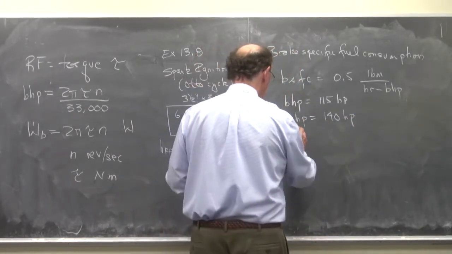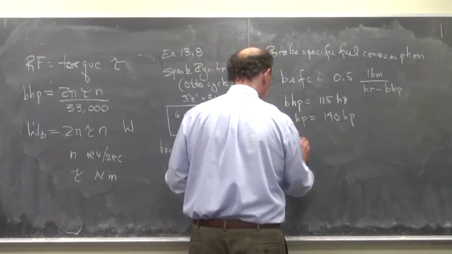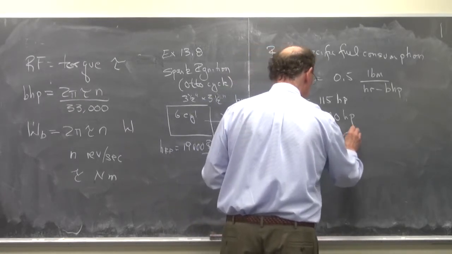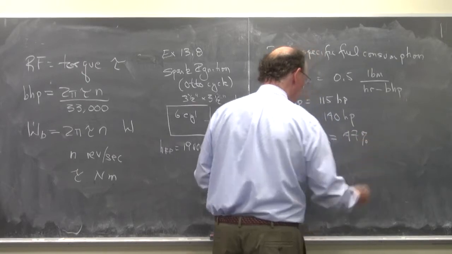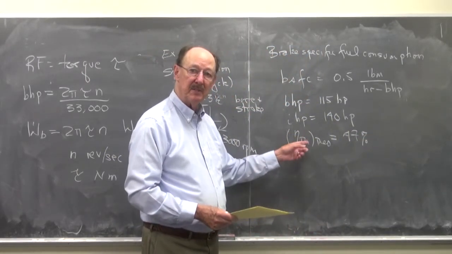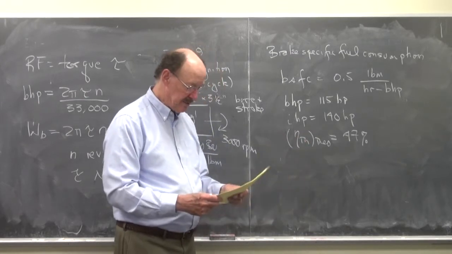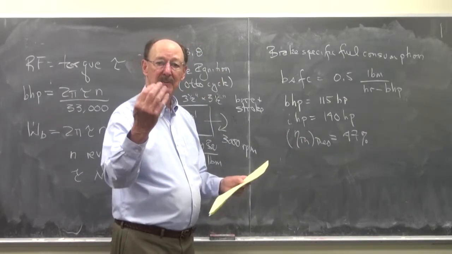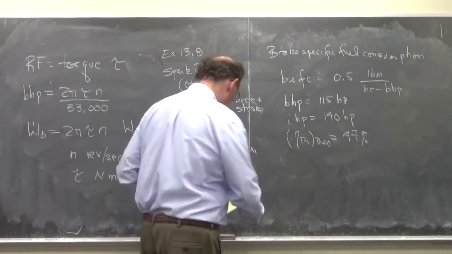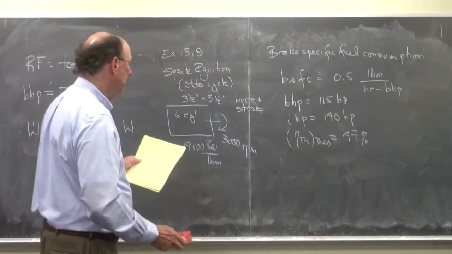And the ideal thermal efficiency is equal to 47%. So in some problems you'd calculate this knowing what the cycle is, but here we're given this. So now we're going to go find various efficiencies and some other information as well. And so let's look now and find the various efficiencies.